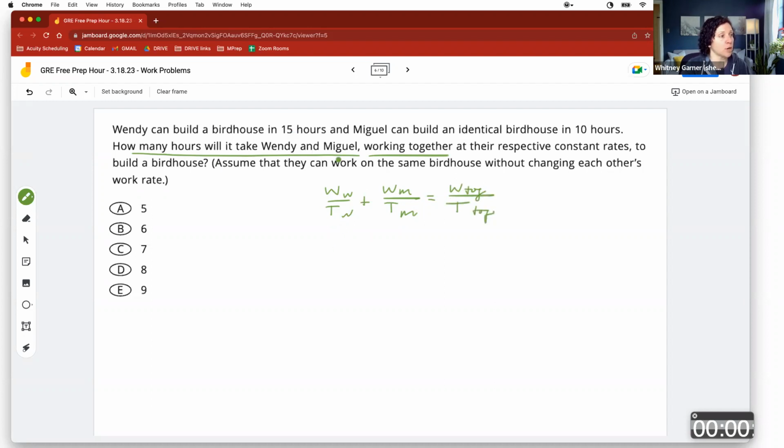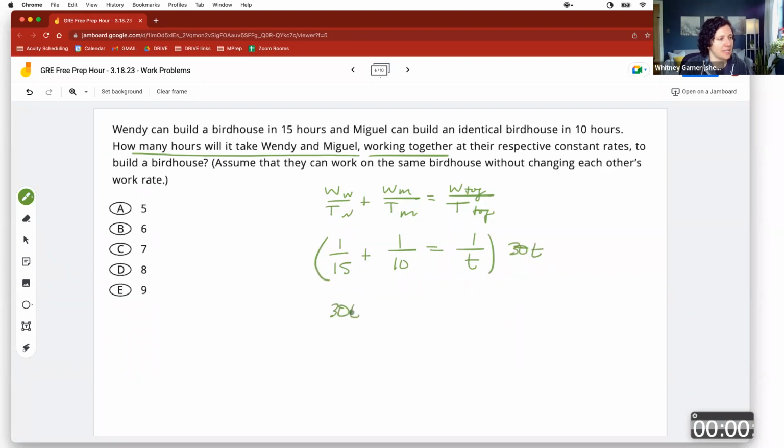And so one birdhouse in 15 hours plus one birdhouse in 10 hours equals one birdhouse in an unknown amount of time. I might multiply everything by a common denominator. Here, that would be 30t.